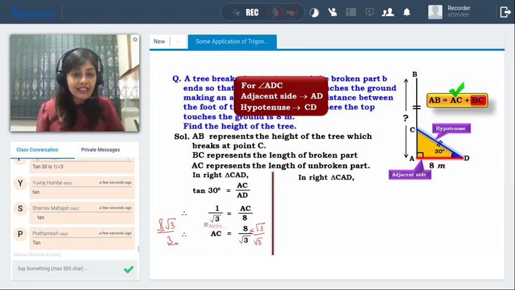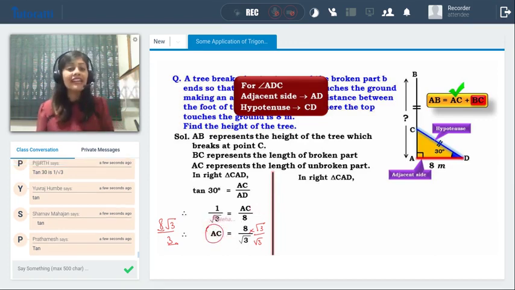Please understand this is not your final answer. Finding AC was not the motive. The motive is to find AB. So do not cancel anything. Leave it like this, and we will see what to do with it at the end. You can either rationalize and leave it, or leave it before rationalizing also. There's no problem. Leave it as 8 by root 3 because it is an intermediate answer. Because we cannot cancel 8 and 3, you should not go ahead.